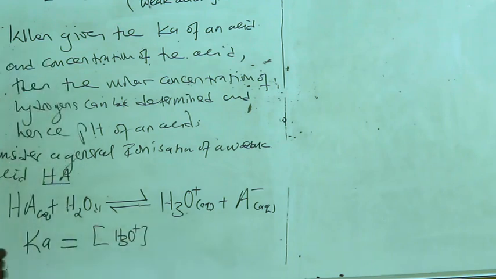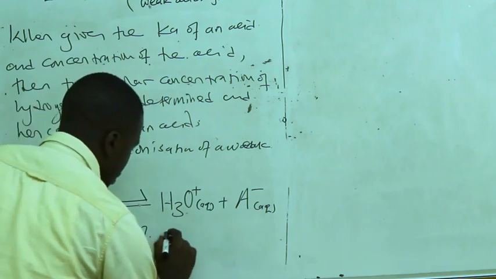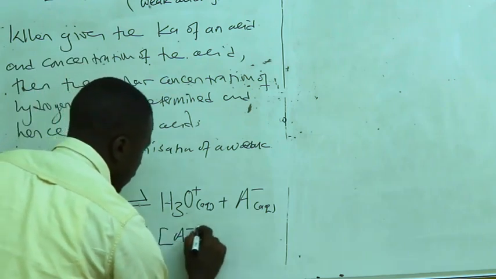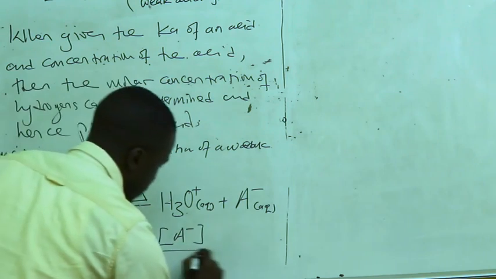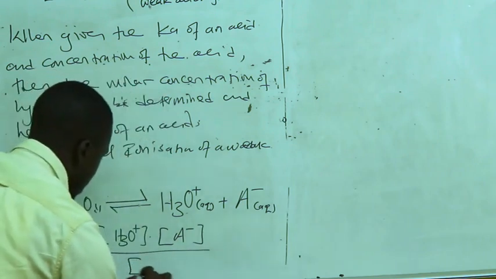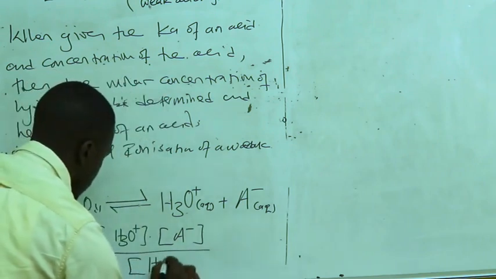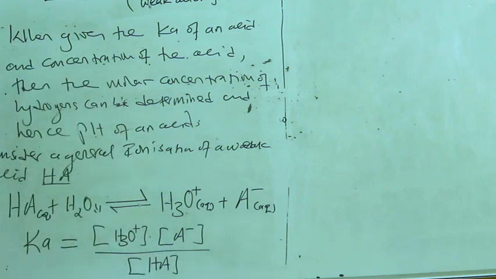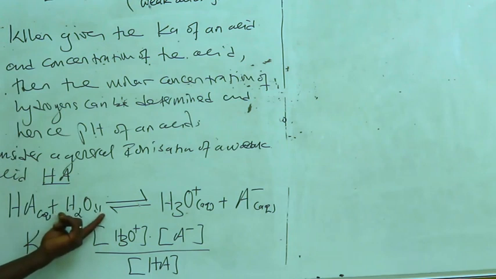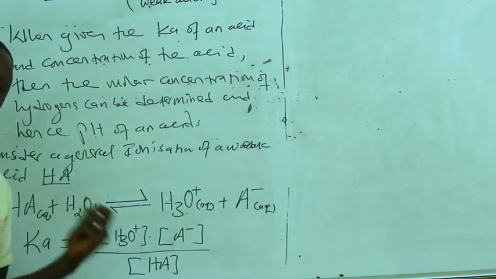ions, which represent the hydrogen ions, times the molar concentration of A minus, divided by the molar concentration of HA. We said that using the law of mass action, we eliminate the concentration of water because its concentration is relatively constant.